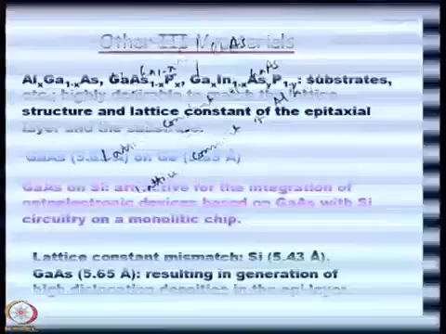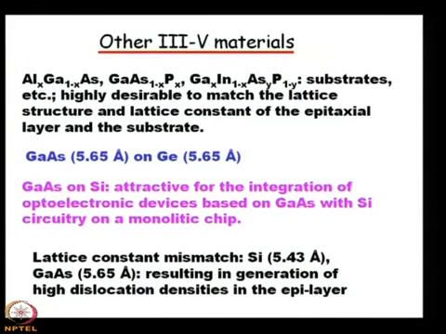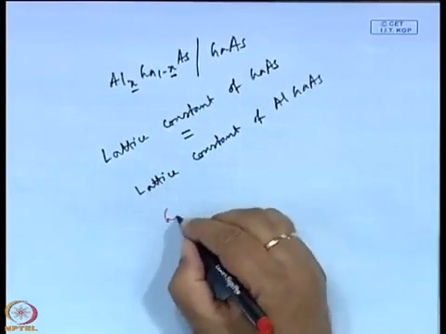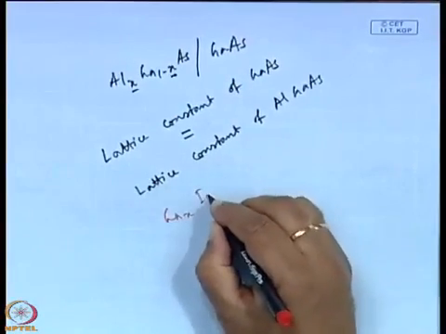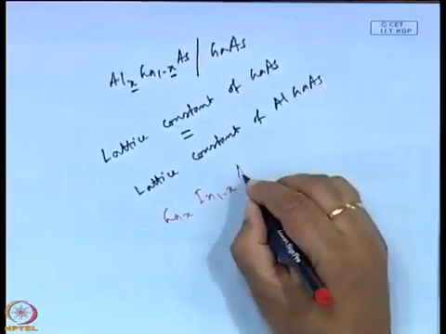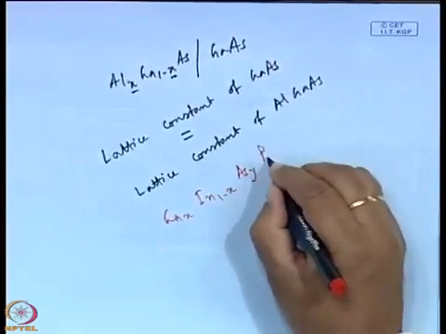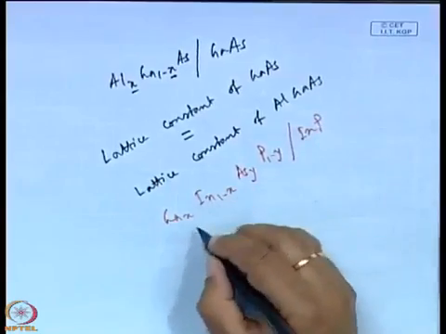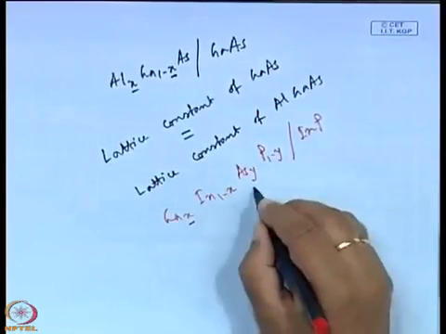And you see that the other material, gallium arsenide phosphide, is also lattice matched to gallium arsenide. Then gallium indium arsenide phosphide, Ga x In 1 minus x As y P 1 minus y, is lattice matched to indium phosphide by properly choosing the values of x and y.